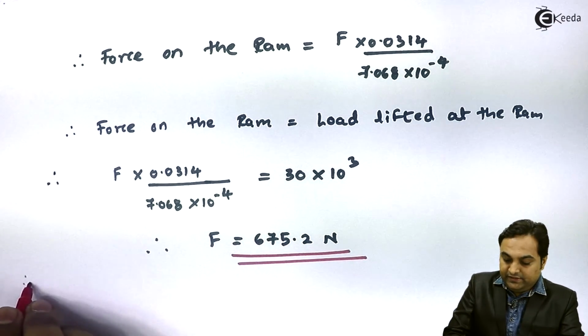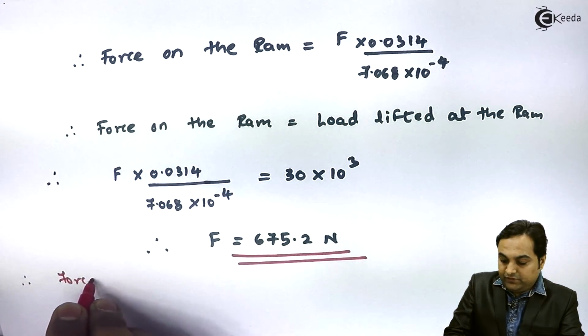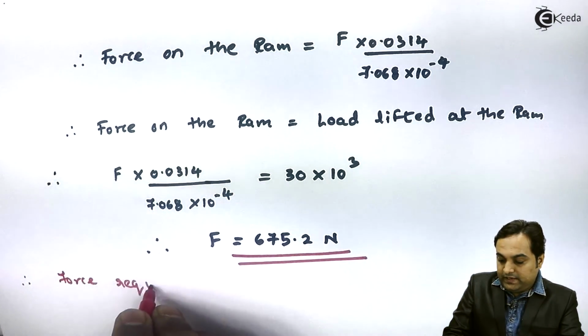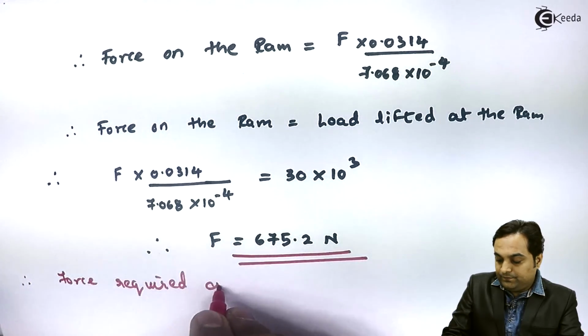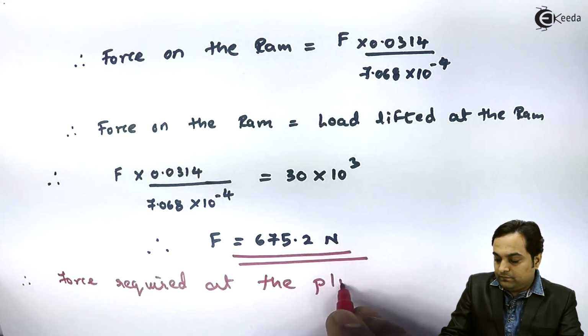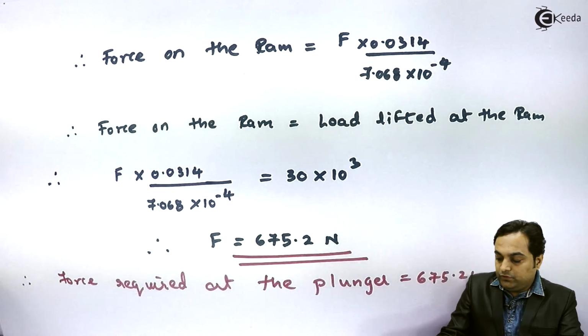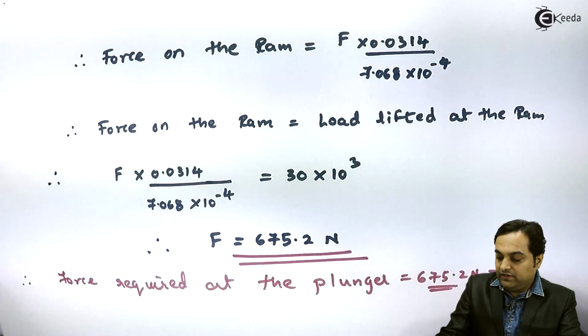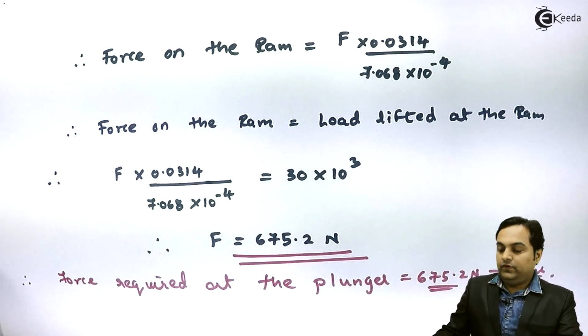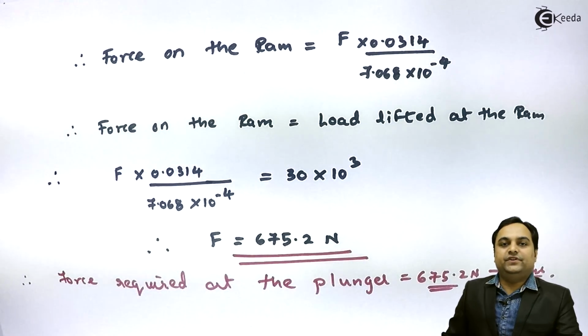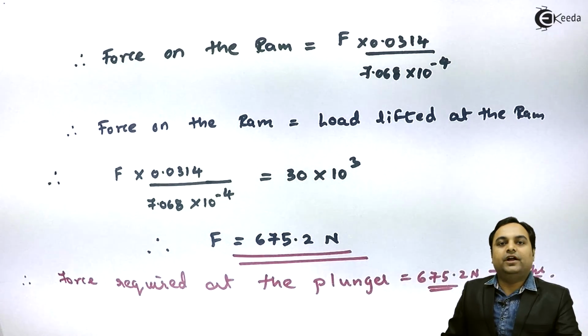So I'll say that therefore force required at the plunger is equal to 675.2 Newton. This is our answer. So as we have seen in this video, we have calculated the force required at the plunger for a hydraulic press.